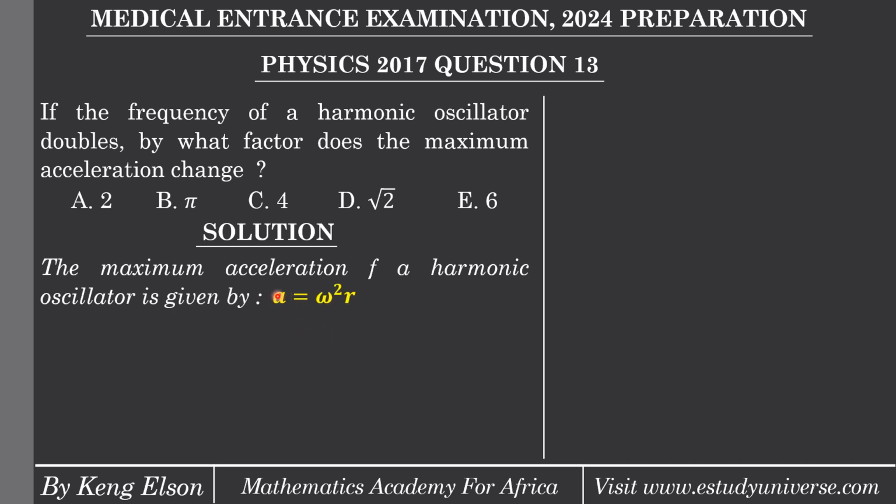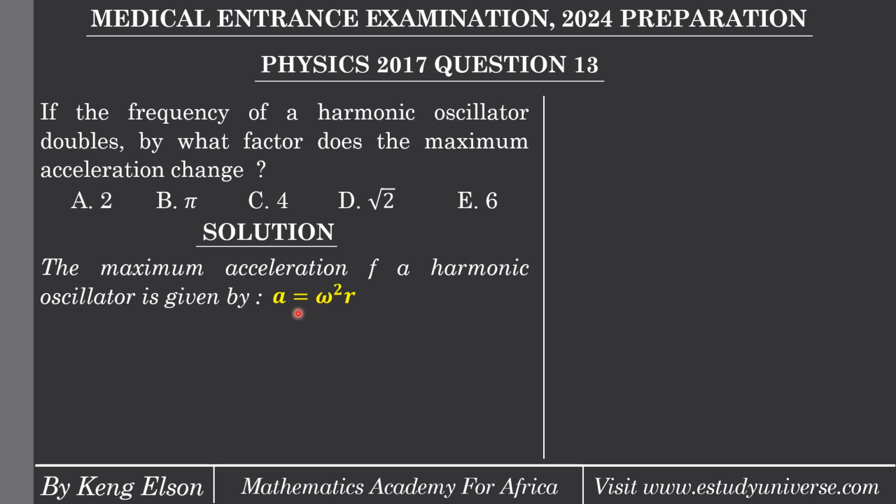Generally, your acceleration is negative omega squared r. The negative sign just indicates that the acceleration is always opposite to the direction of motion. In fact, the acceleration is always pointing towards a fixed position, that is the fixed point. So when we talk about the maximum acceleration, we don't consider the negative sign.